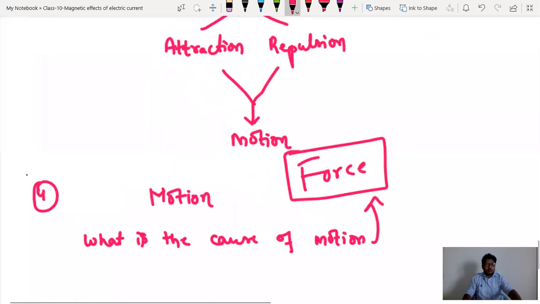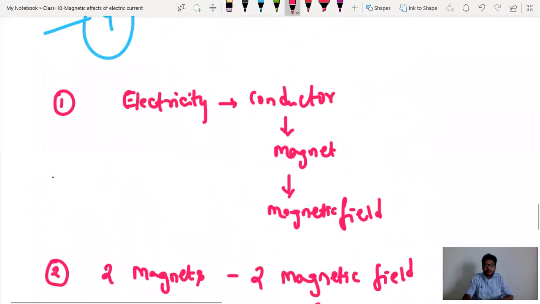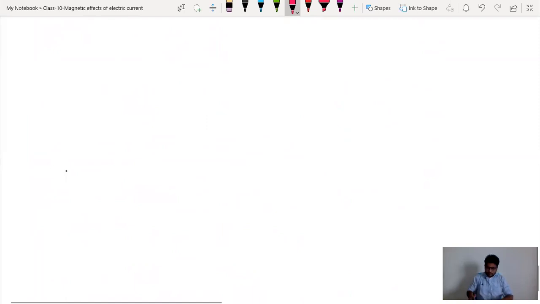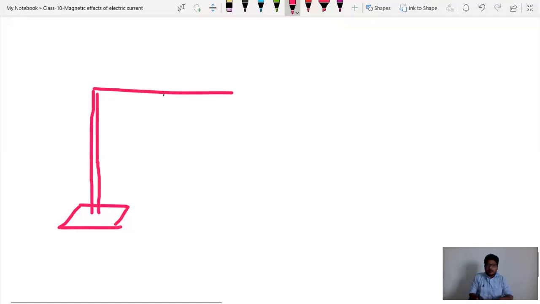So guys, till now we have understood this one. Now let us perform one activity. Take one stand, which we can find in chemistry laboratory, and there will be one rigid support to that stand.